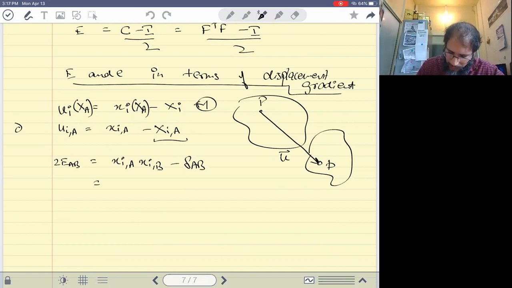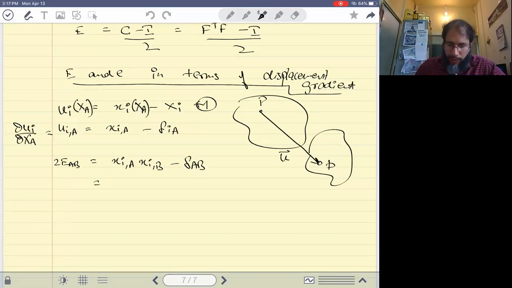So what we are writing here is partial u i by partial capital X A. This term is nothing but our canonical delta iA. So I'm using this relation to write x i comma A as u i comma A plus delta iA.